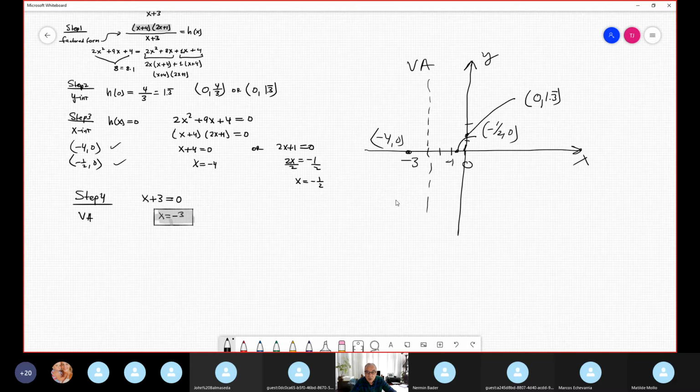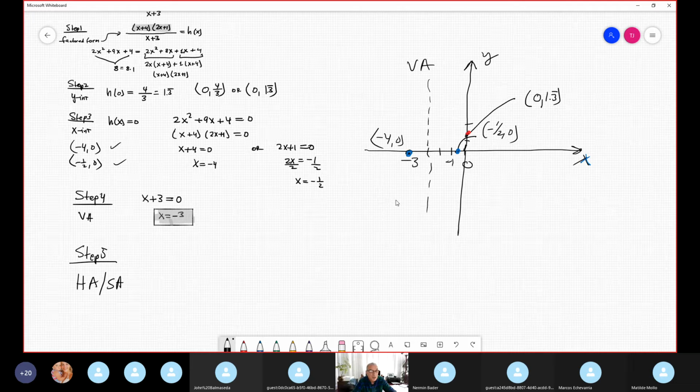Okay, so actually, summarize, we have two. All right, let me use a different color. The blue color represents the x-intercept. The red color represents the Y-intercept. Okay, I have some idea. Step 5, in my opinion the most important in this example, is determine horizontal or slant.